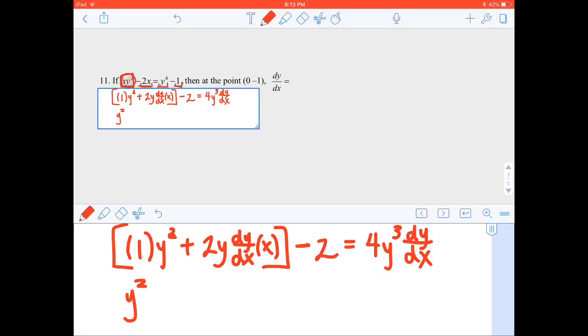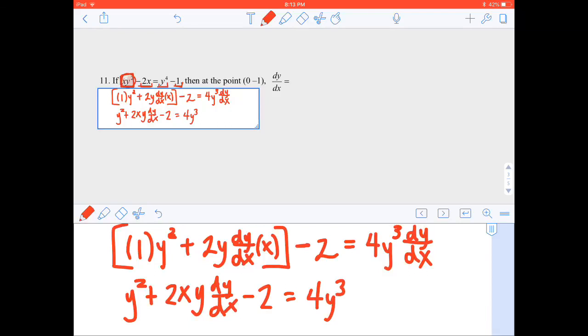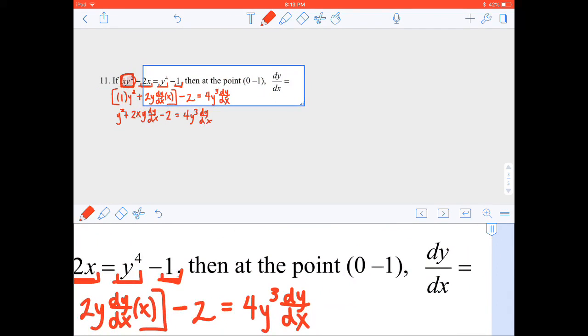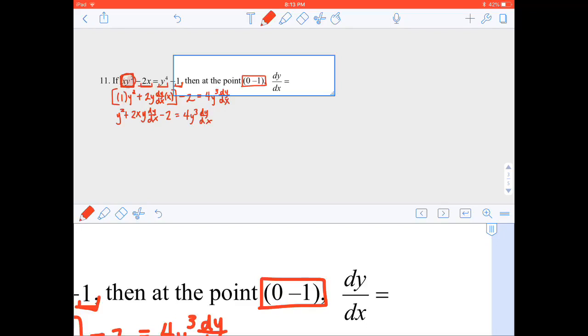So that's going to become just y squared plus 2xy dy over dx minus 2 equal to 4y cubed dy over dx. Now at this point, since we want to find the derivative at the point (0, -1), we could just plug in these values here.